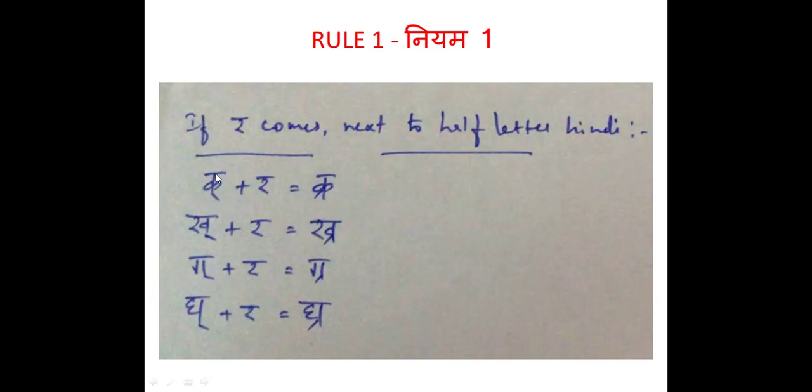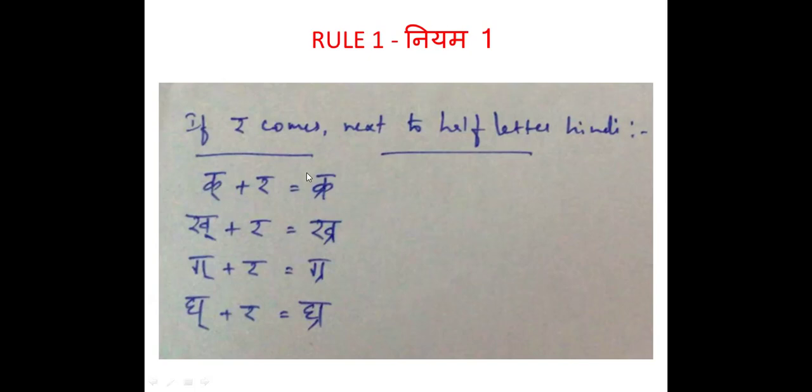So if Ra comes next to this half letter, you have to write this k plus ra like this. You have to put one line like this. This is another type of symbol, to cut short this Ra and write it as a short line.